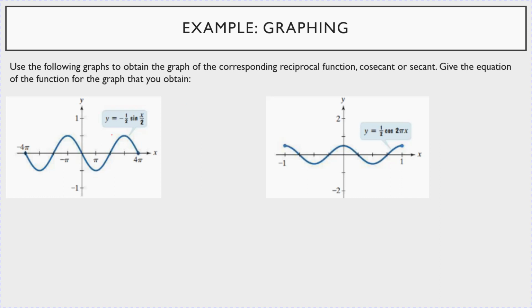It's cosecant. Now, this is really cool how you do this, all right? So we're going to obtain the graph. Do you see where it touches the x-axis? That tells me there's vertical asymptotes, okay?